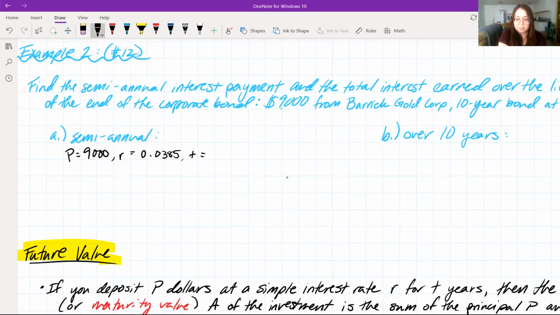Semi-annual means twice a year, so basically half a year. We're going to say 0.5. All right, so now all we have to do is plug this into our equation. I equals PRT. So we're going to see I is equal to 9,000 times 0.0385 times 0.5.